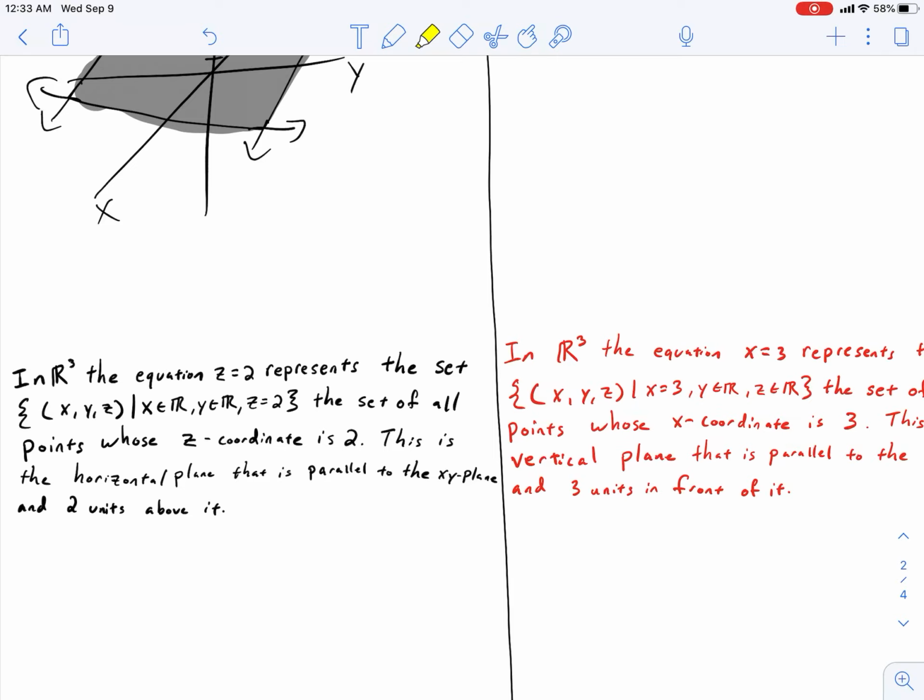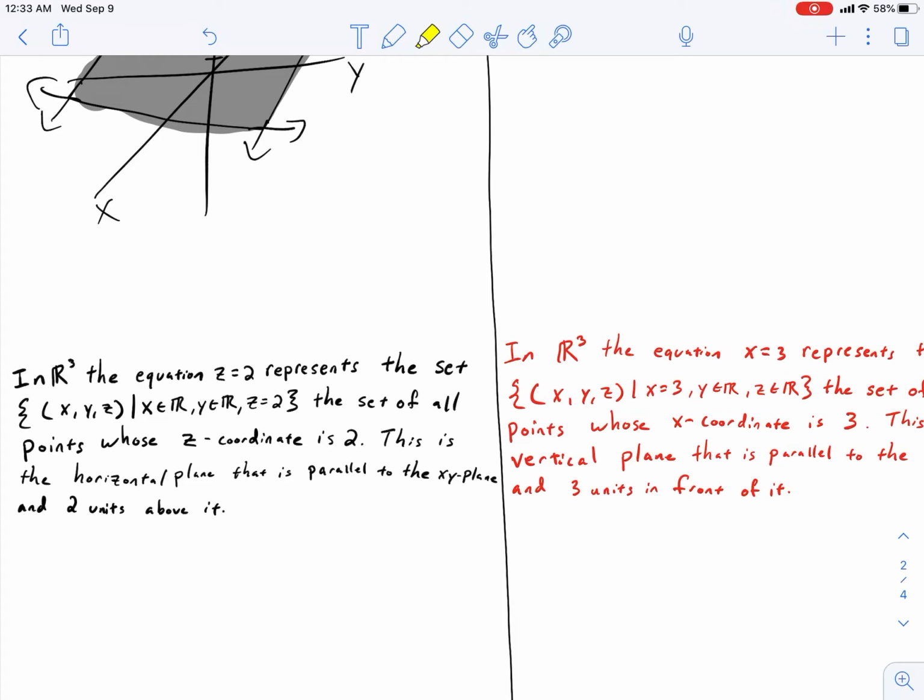I don't know if you've seen this before, but there's that little symbol that just means that x is in the set of all real numbers. All right. And z equals 2. So the set of all points whose z coordinate is 2.